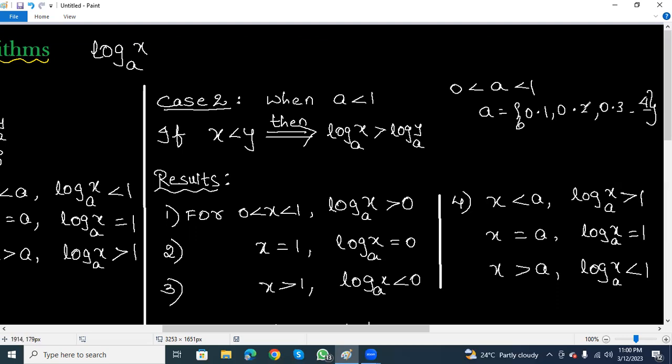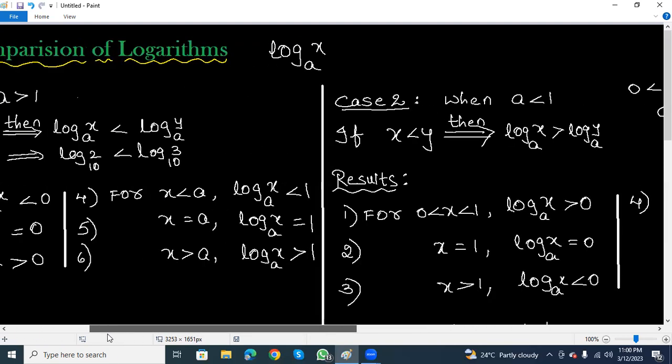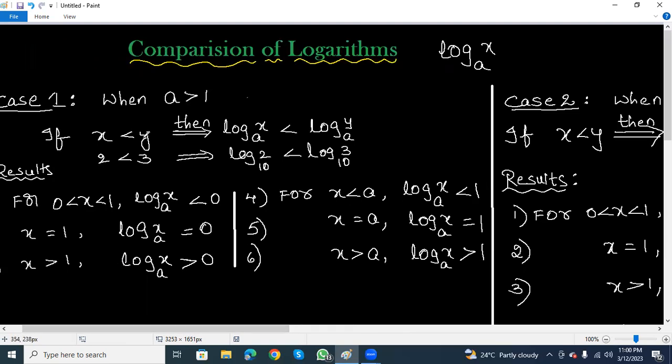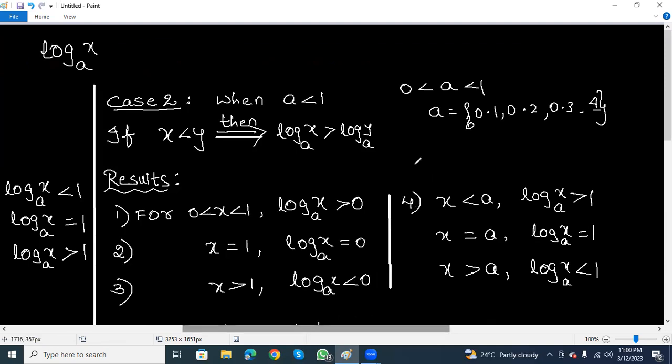If the base values are like this, then log x is greater than log y, just the reverse. In the first case, if a is greater than 1 and x is less than y, log x is also less than log y. If the base is less than 1, then log x is greater than log y.